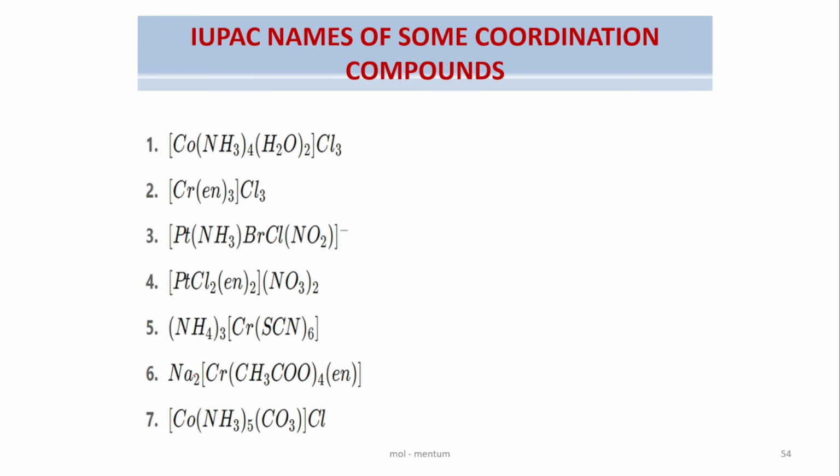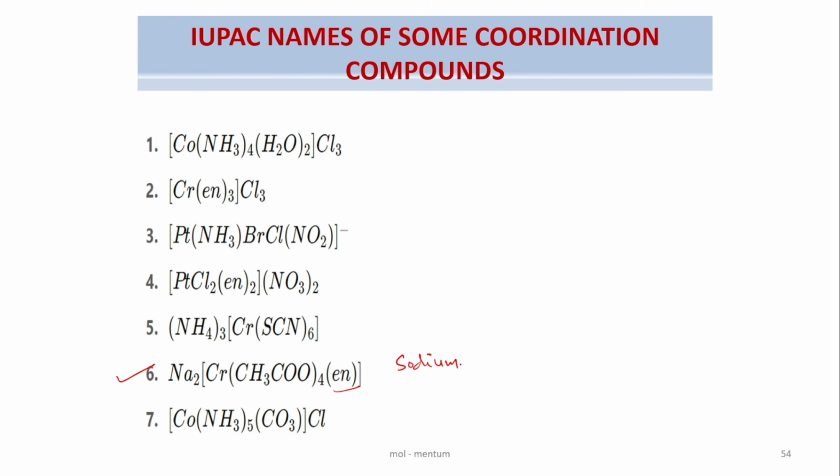Okay, one more example that I can take is this one. Na2. First you have to write the cation, then you will write sodium, then in bracket, this is ethylene diamine tetraacetate. So this is EDTA.